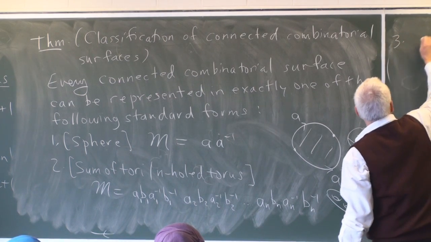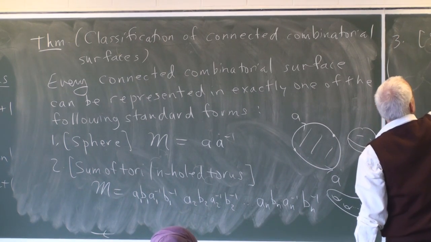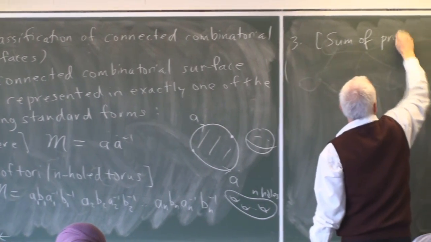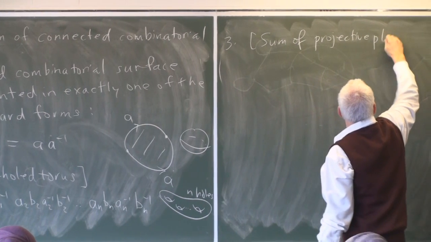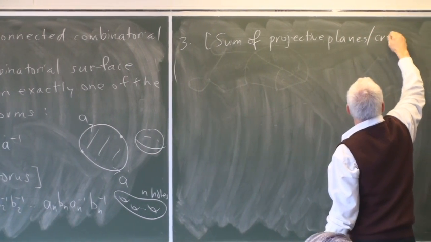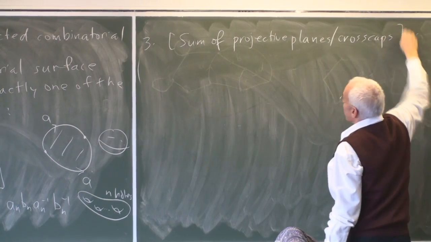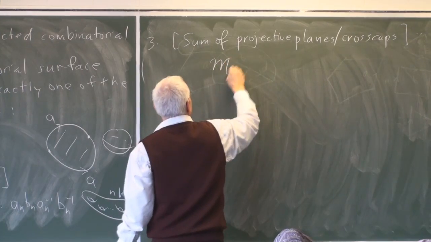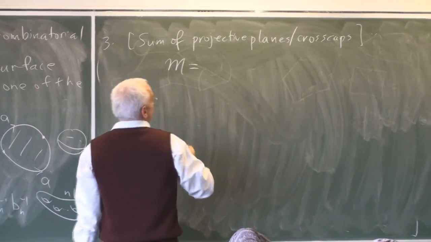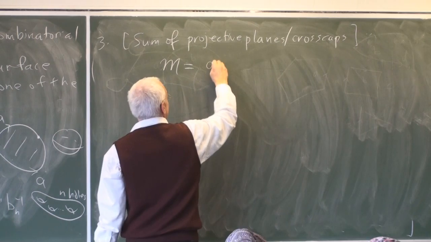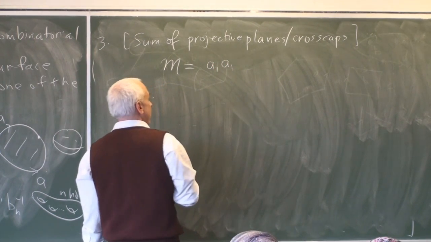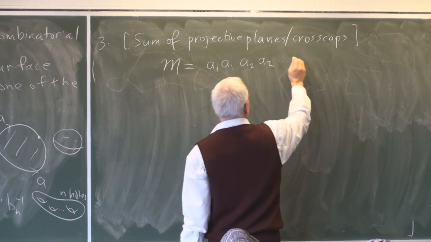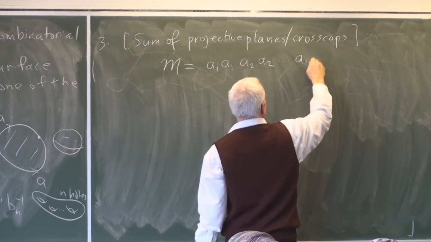Or the third possibility is a sum of projective planes or cross caps. And that's the case when we can write M as, let's say, A1, A1, A2, A2, up to Ak, Ak.